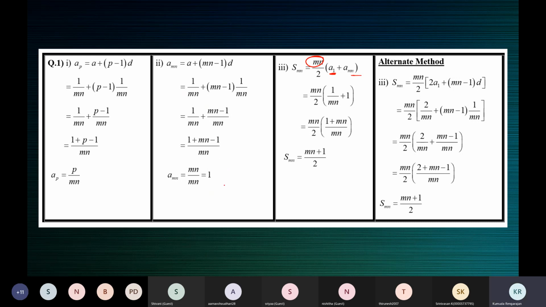See, related to this, S10 is equal to 10 by 2 of the first term plus the 10th term. So Smn will be mn by 2 of the first term plus the mnth term.